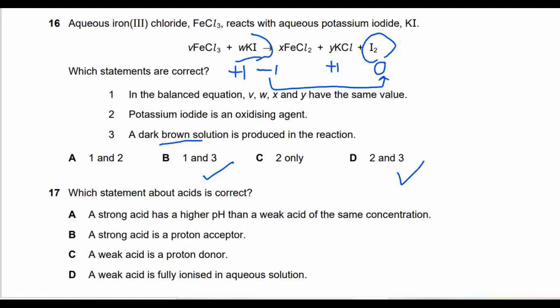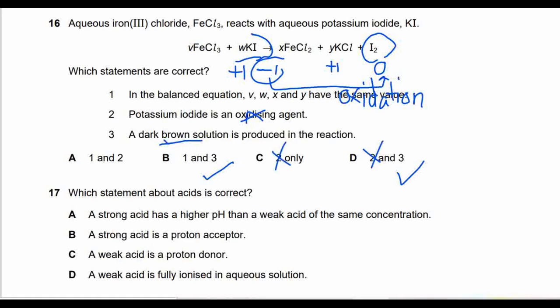So this is an oxidation. So if KI undergoes oxidation, it means KI is a reducing agent, not an oxidizing agent, since there is an increase in oxidation number from -1 for this I to 0 in iodine. So number 2 is wrong.